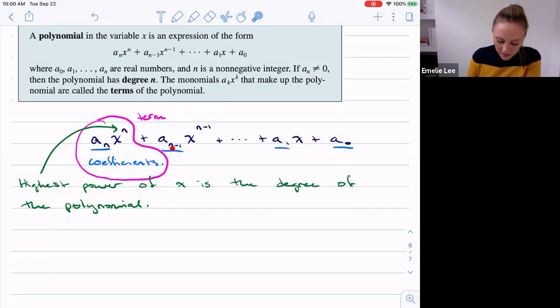There are instances where these coefficients might be 0, which means they're just gone out of the equation. So we're allowed to have coefficients of 0, but if a_n is not equal to 0, it means this term exists, and that's what makes it the highest power of x. Whatever the highest power of x is, that's the degree of your polynomial.